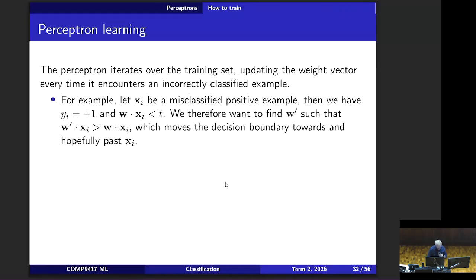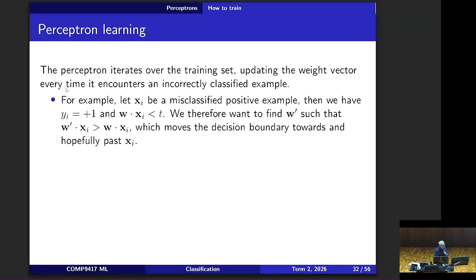So the setup is pretty simple, and there's a bit of reasoning behind it. So let me just go through it. Let's say we've got a vector xi. This is a bit of data. And let's say it's a positive example, but the algorithm that we have, which runs the model, gets it wrong.